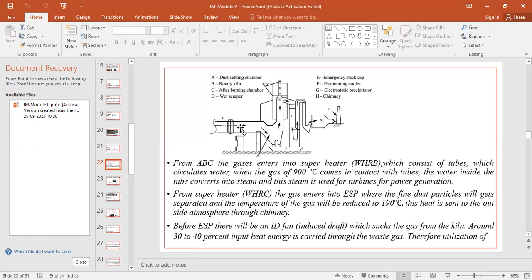And from there onwards, the movement of these gases in this particular direction is controlled by these ID fans. So there are high capacity induced draft fans, and those fans will basically do the suction. Because of the suction only, this air will pass like this through this particular process, and then it goes out.